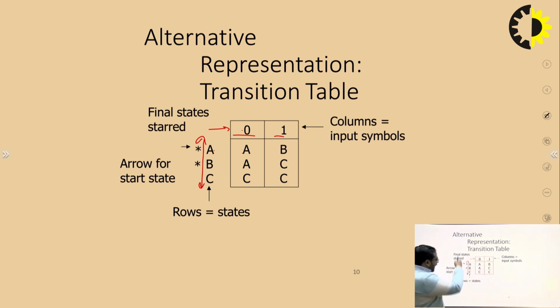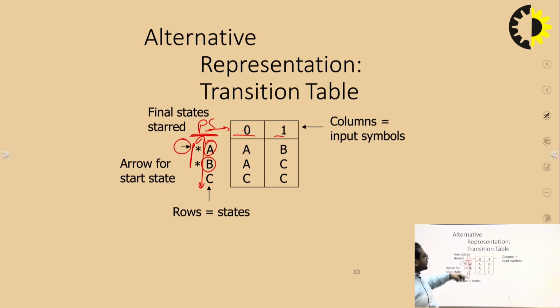And in this graph, you can see the single arrow is written on A. This represents that A is the initial state, and this star represents the final states. Another way to represent the final state is to write a single circle on the present state when you are writing A and B in the table. So a single circle also represents the final state.